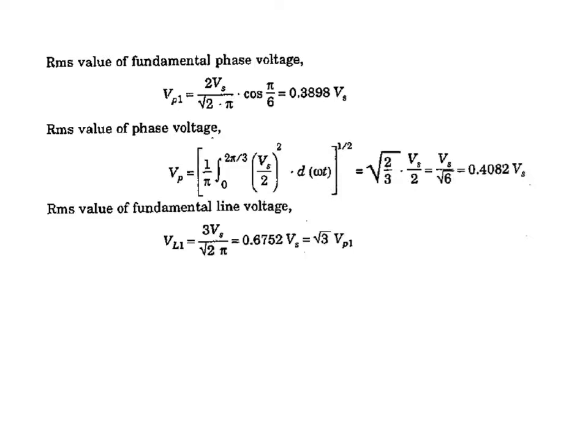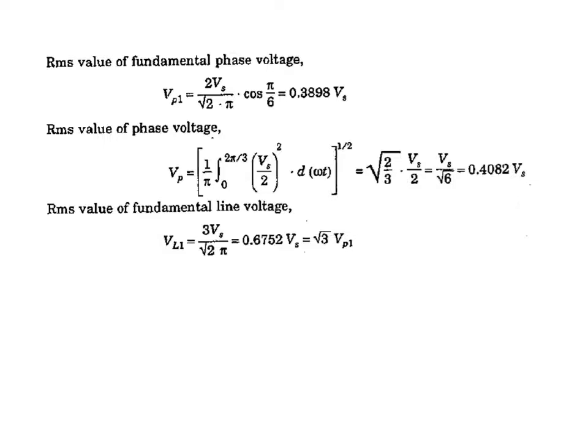Vp is equal to under root 1 by pi into integration 0 to 2 pi by 3 Vs divided by 2 whole square d omega t is equal to under root 2 by 3 Vs by 2 is equal to Vs divided by under root 6 is equal to 0.4082 Vs.